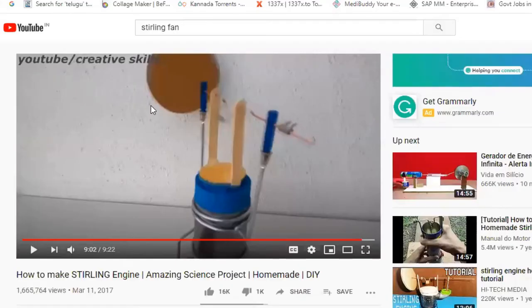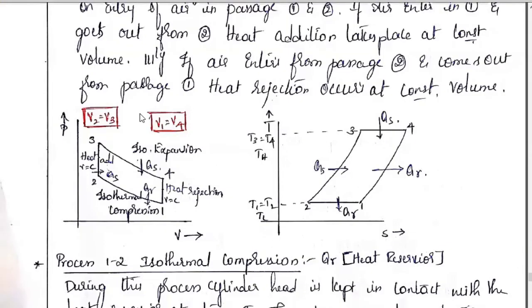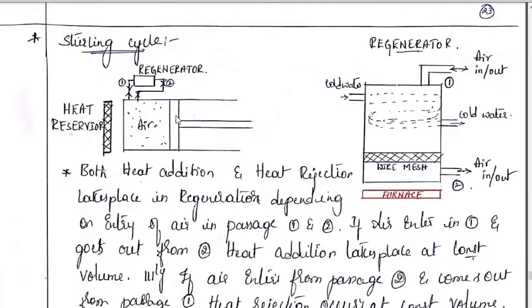Yes, what we explained is showcased over here with the PV and TS diagram. Now, as I told, this engine's piston arrangement is different. It contains a displacer piston and also a working piston. I will show in the video how it works, and it can be understood very easily.